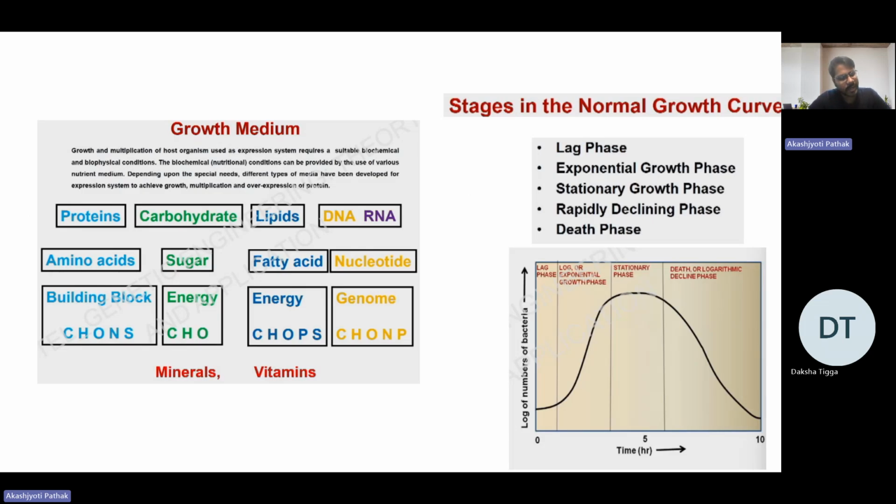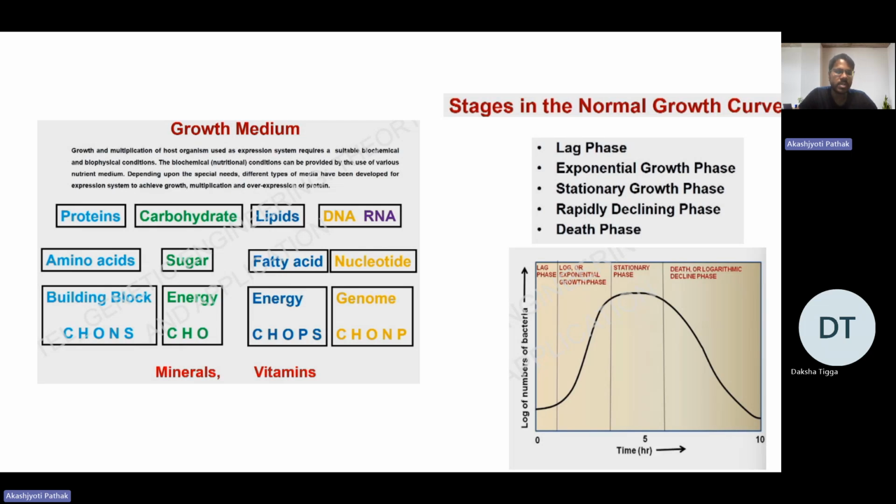Other than this, for the growth of your bacteria, you require a growth medium. Your growth medium should have all the essential vitamins and essential sources of carbon, hydrogen, oxygen, nitrogen for the synthesis of protein, carbohydrate, lipid, DNA, RNA, all these biomolecules and macromolecules, amino acids, sugars.